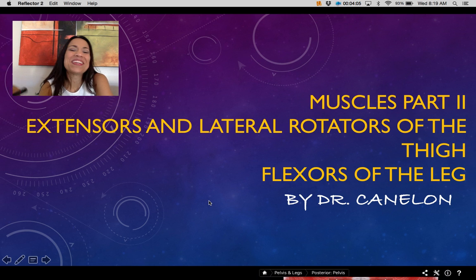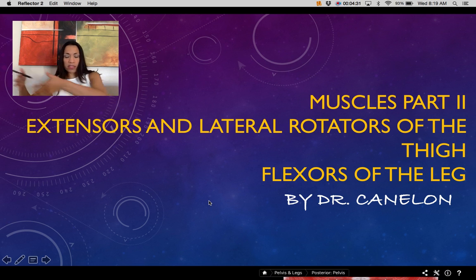Hello there. So last class we were describing the muscles of the hip and lower limbs, but we only described the anterior ones. We described the flexors and the adductors of the hip and the extensors of the knee. Remember, only the muscles crossing anteriorly and medially.